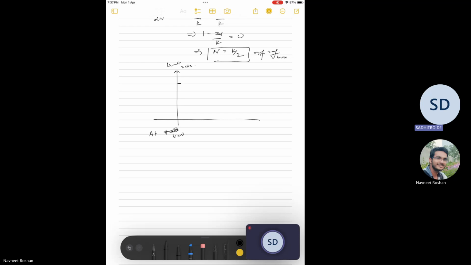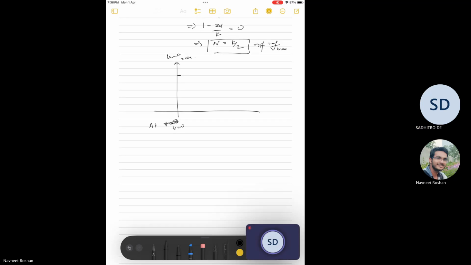This is the maximum growth rate, which is equal to r, and as you go ahead, it goes up and down like that. And at n equal to k, again the growth rate is 0. Okay.